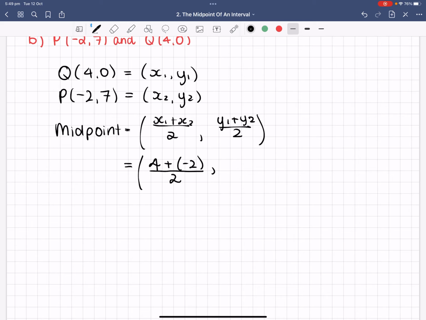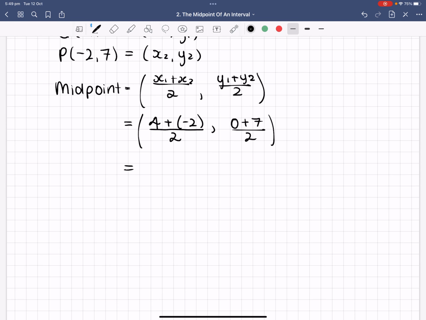So we've got y1 and y2, so 0 plus 7, and we'll divide that by 2 as well. And then we get 4 minus 2, all divided by 2. Well, 4 minus 2 is just 2, and 2 divided by 2 is just 1. And then we've got 0 plus 7 is 7, divided by 2 is 3.5.